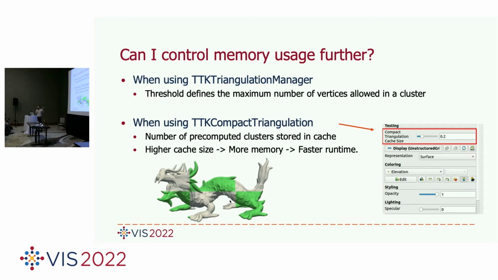The idea is that the higher that number is, so suppose you use 1, it means that every block will be saved in memory after being pre-computed. That means a lot of memory, possibly running out in the same problem that you had before, but much better time performance. The smaller that number is, the fewer blocks you will be saving.